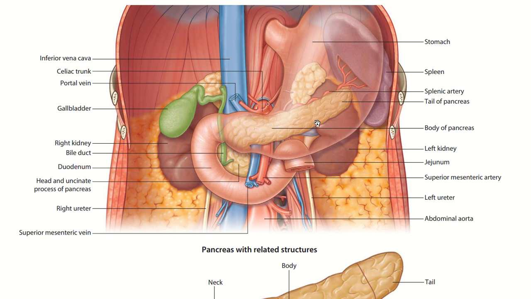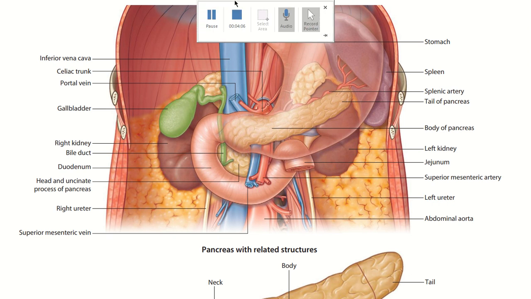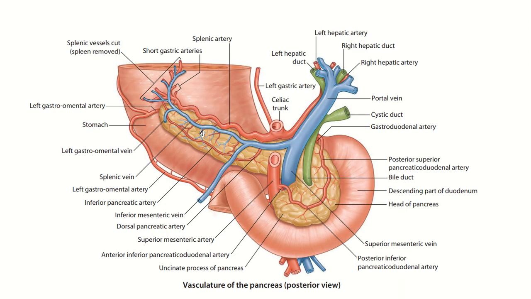You understand? Let's take a look at the blood supply to the pancreas. Right. Since the pancreas is formed at the junction between the foregut and the midgut, it's going to have part of its blood supply coming from the foregut and another part coming from the midgut. What supplies the foregut? The celiac trunk. What supplies the midgut?